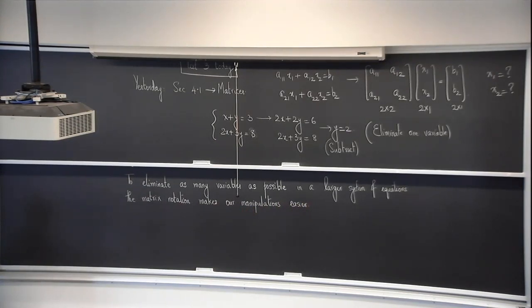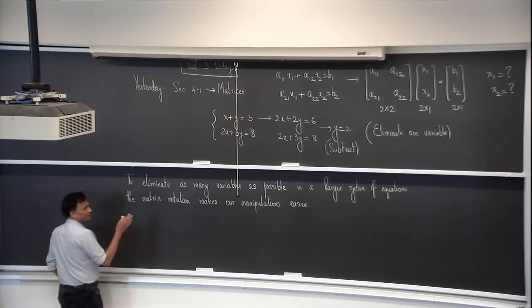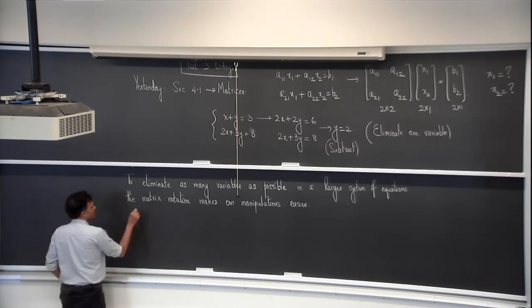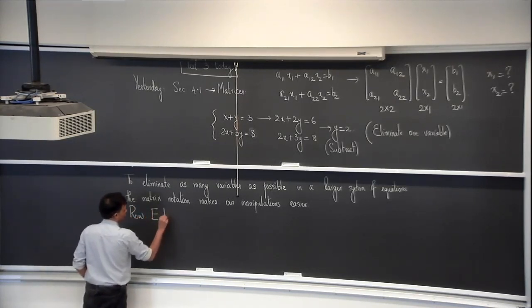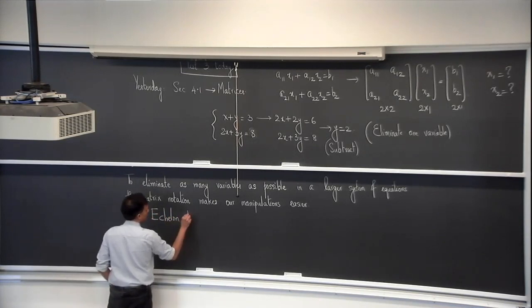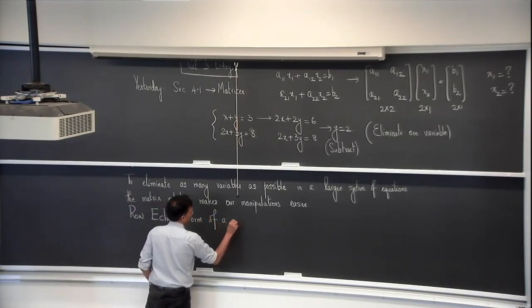And that's exactly what MATLAB is trying to do as well. You put those numbers there, and try to do some manipulations. So one special form of this matrix is called the row echelon form of a matrix.